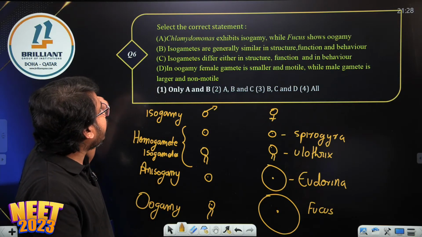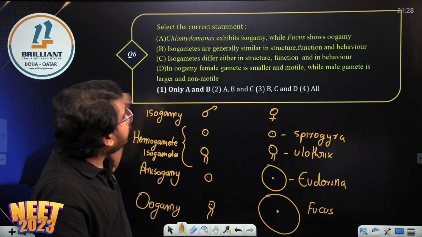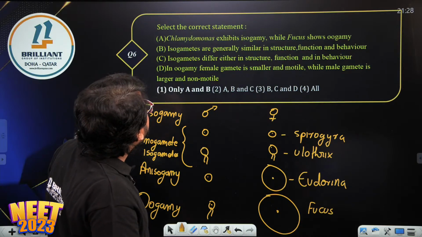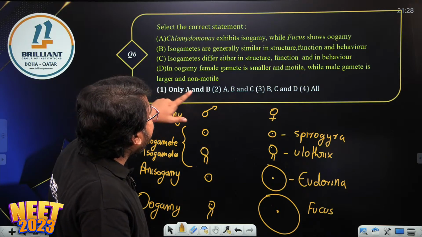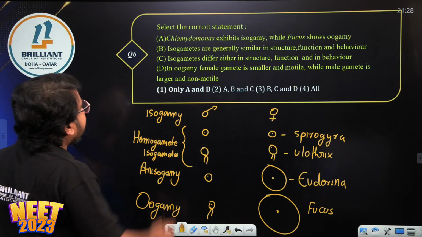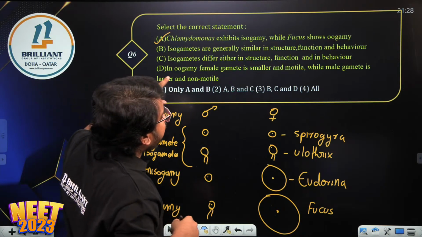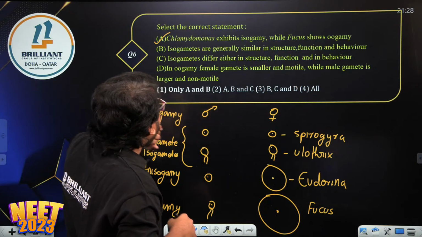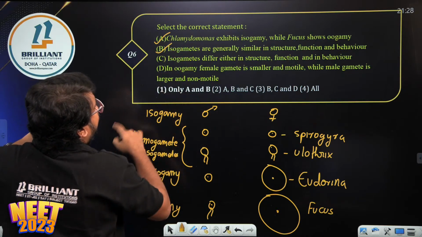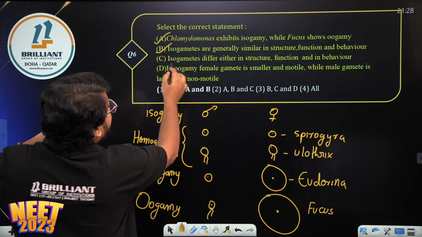Now let's check the statements. Chlamydomonas exhibits isogamy while Fucus exhibits oogamy. That is a correct statement. Isogametes are generally similar in structure, function and behavior. The statement that isogametes differ is wrong, since iso means similar.